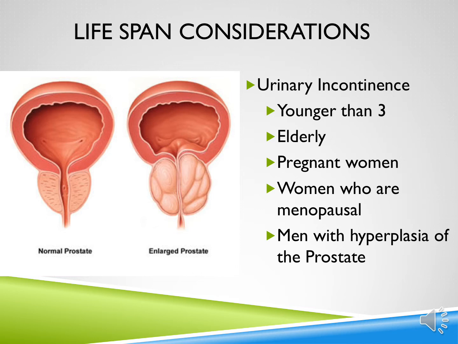Pregnant women, because of the weight of the baby that's pressing on their bladder, could have problems with controlling their urination. And women who are menopausal, due to the fact that they can get some drying in and around their vaginal and urinary areas, sometimes have trouble with controlling the urinary sphincters.